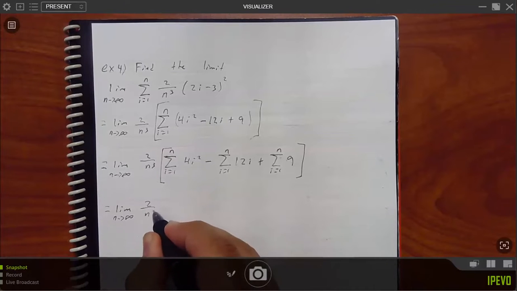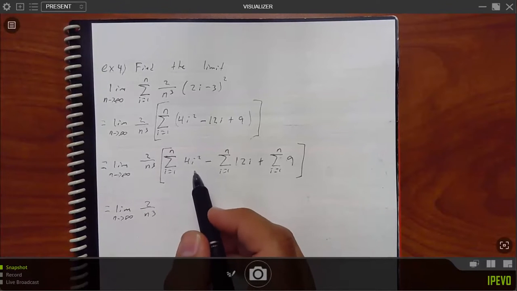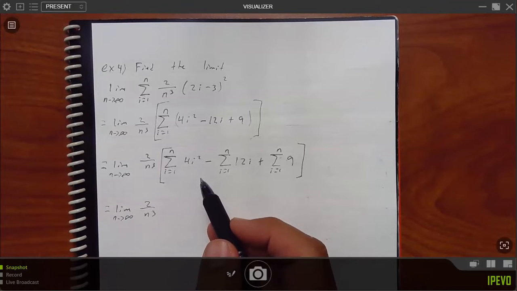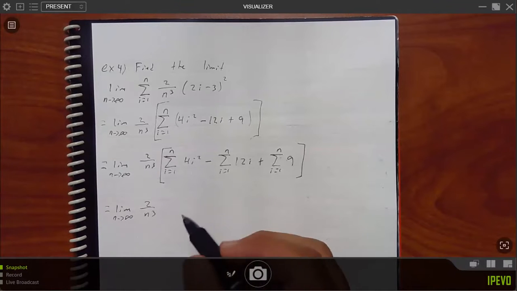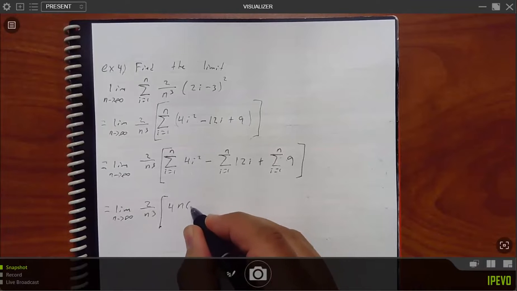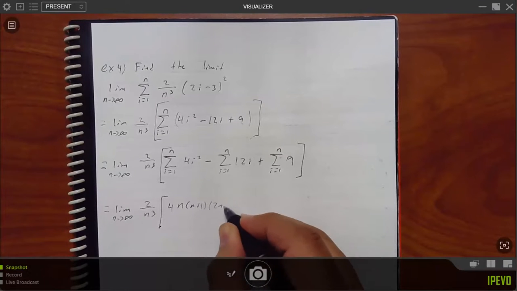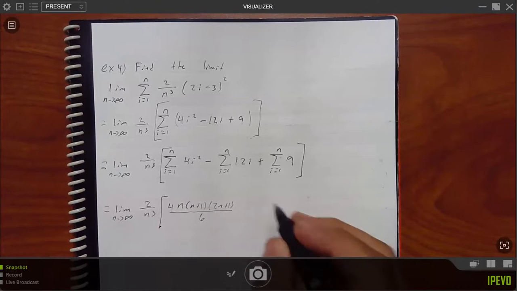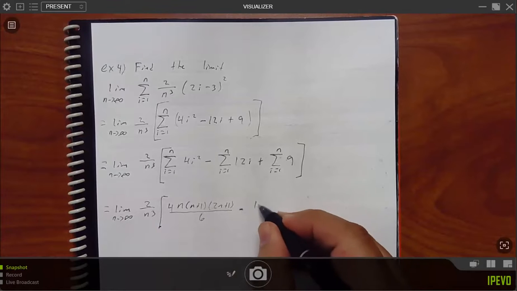All right. So the formula for this guy, so let's look at the i squared formula. i squared is going to be, so 4 times n times n plus 1 times 2n plus 1 over 6, minus the i times 12.